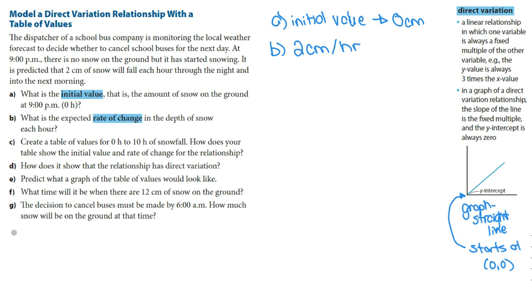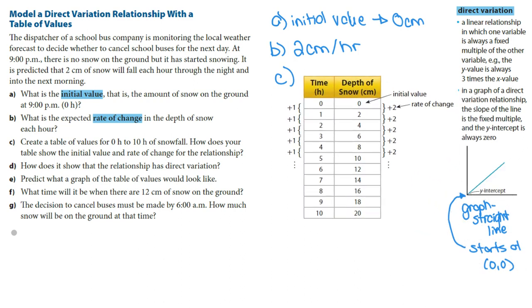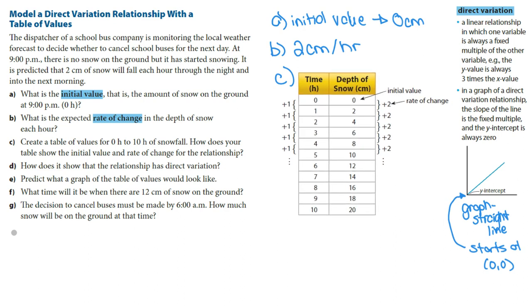Part C says create a table of values for 0 to 10 hours of snowfall. How does your table show the initial value and rate of change? So let's have a look at a table. At 0 hours, there's 0 centimeters of snow. At 1 hour past, there's 2 centimeters of snow. At 2 hours past, there's 4, and so on.